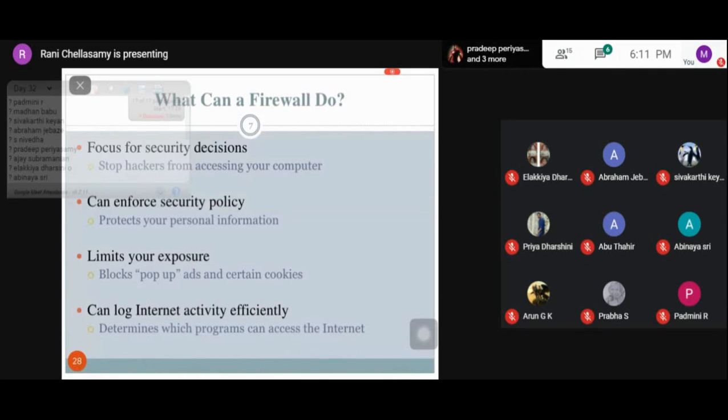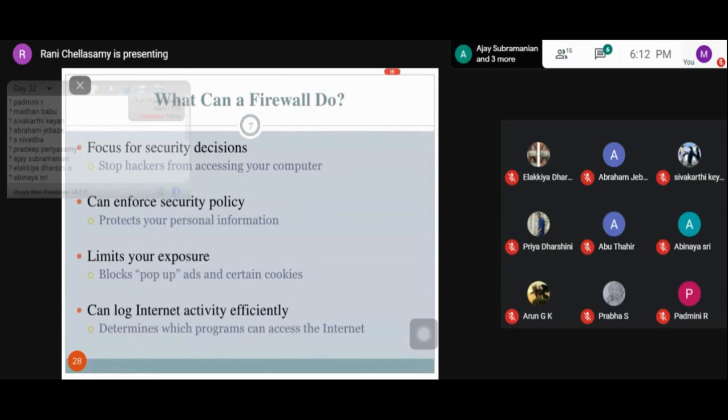While googling or searching any content on the internet, you might have seen some pop-up windows very frequently, showing some advertisements. That can also be blocked with the help of the firewall. Okay, and certain cookies can also appear.